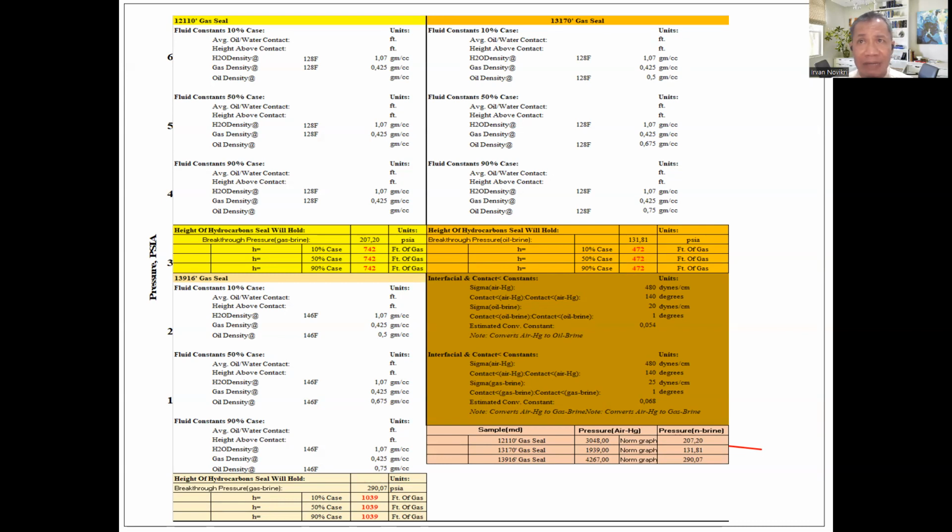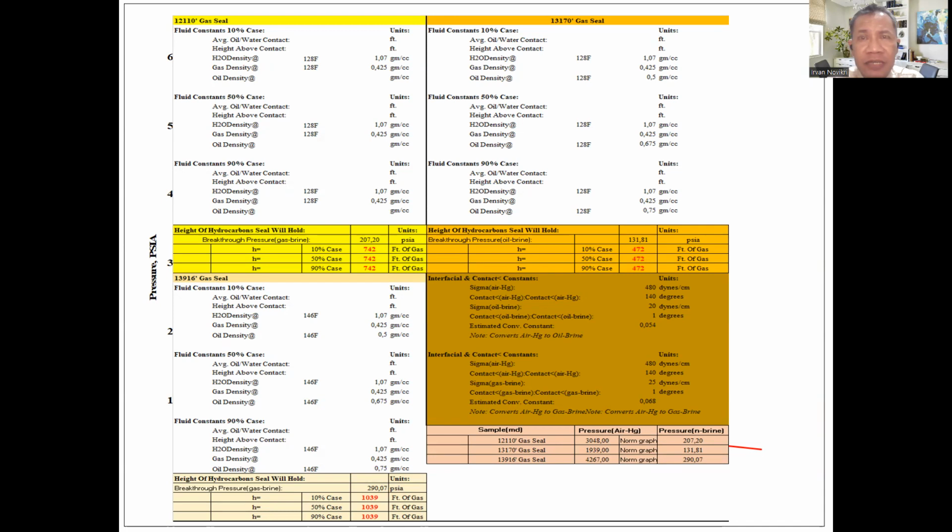The breakthrough pressure for gas-brine is around 207.20, for oil-brine 131.81, and the third sample is 290.0.707 psi.